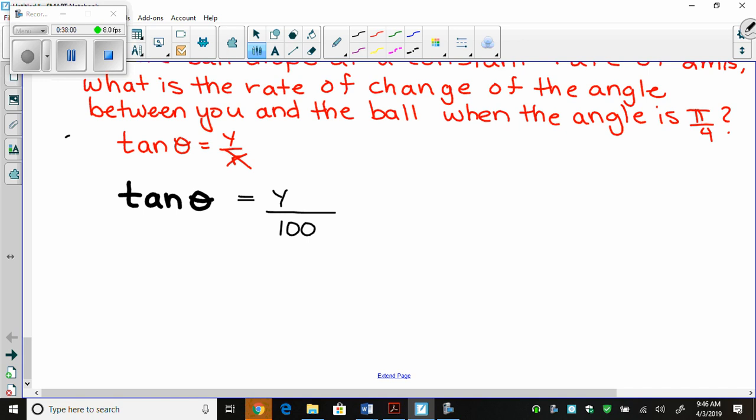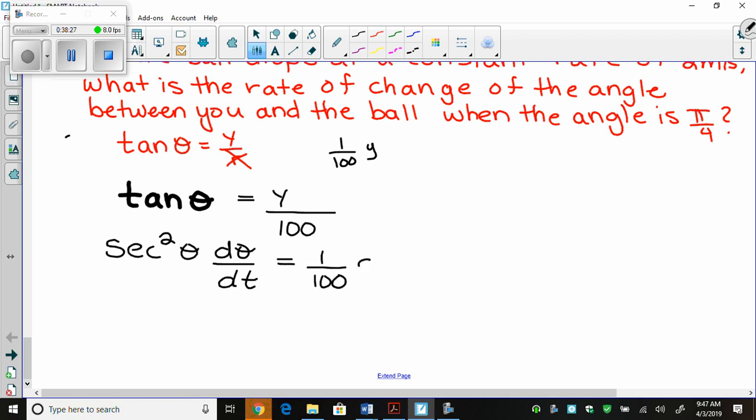So we're going to get derivative of tan is secant squared theta d theta over dt equals the derivative of y over 100, which is the same as 1 over 100 y, right? So it'd be 1 over 100 dy over dt.